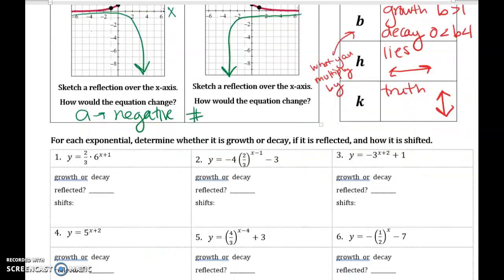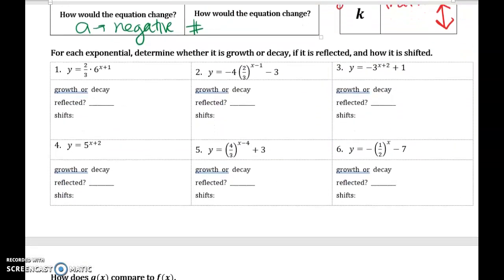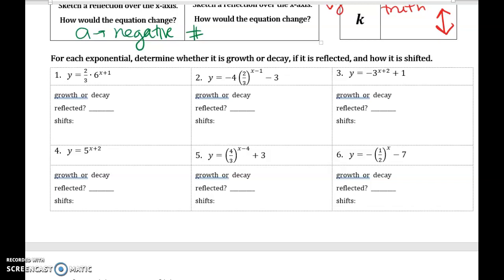Okay, let's look at some examples. For each exponential function, determine whether it's a growth or decay, if it's reflected, and how it's shifted. Remember, the number right next to the x tells us growth or decay. Since that's a whole number, that's a growth. Is it reflected? No, because there's no negative in front of the 2/3.